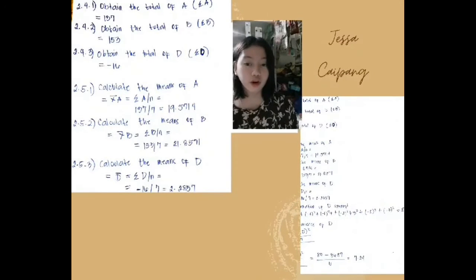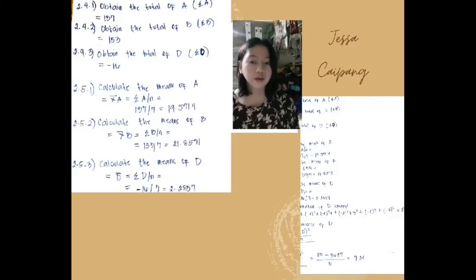2.4.1. Obtain the total of A. The total of A is 137. And then obtain the total of B. The total of B is 153. Obtain the total of D, negative 16.